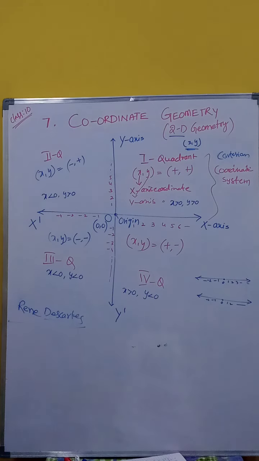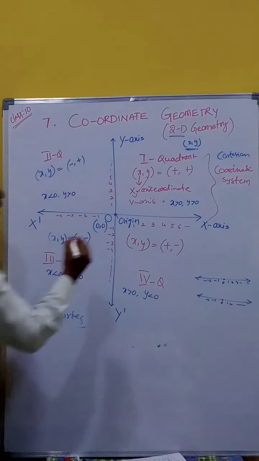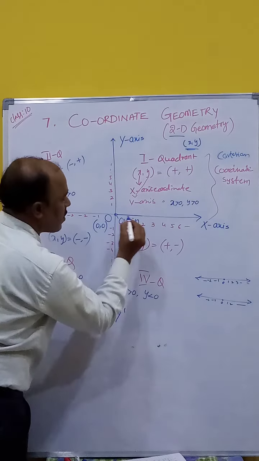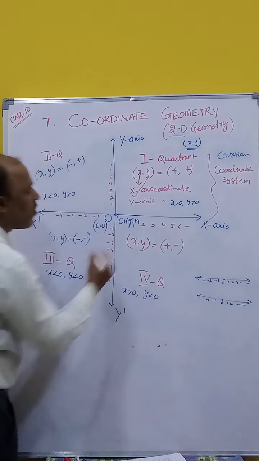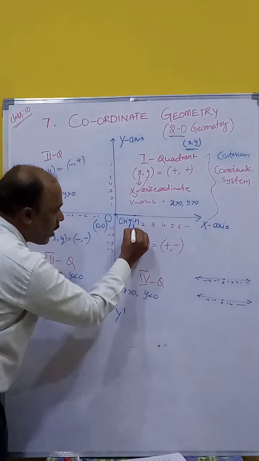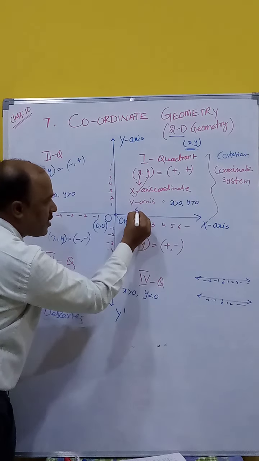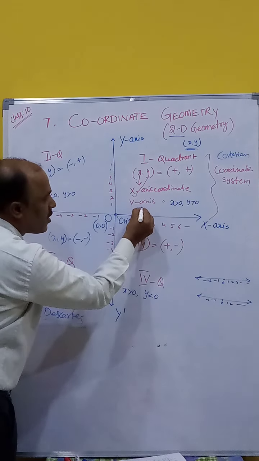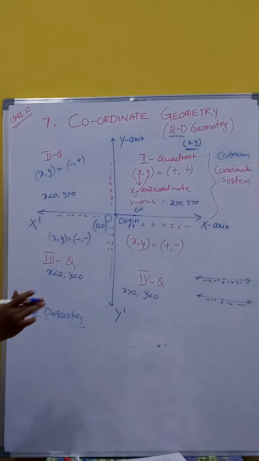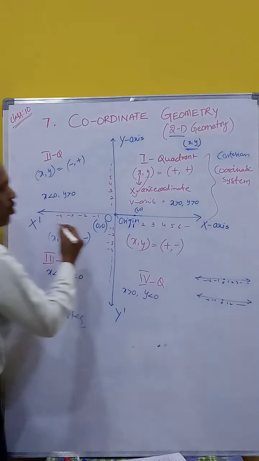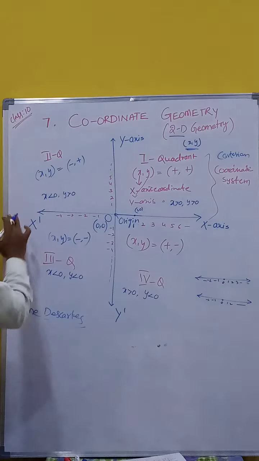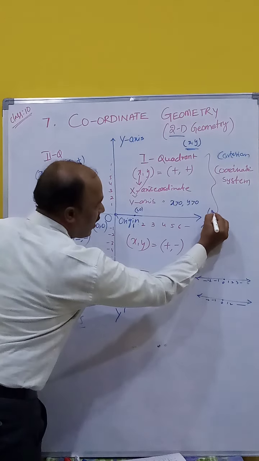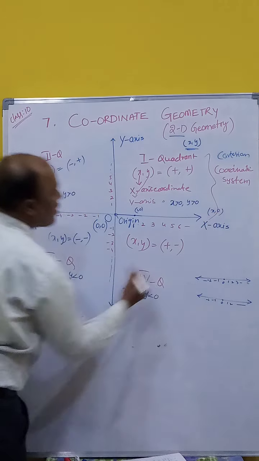Now, on the x-axis, what are the coordinates? Suppose here 1. That means the point here is generally 1 comma 0, because there is no y term. Generally, any point on the x-axis, negative side or positive side, you can write as x comma 0.